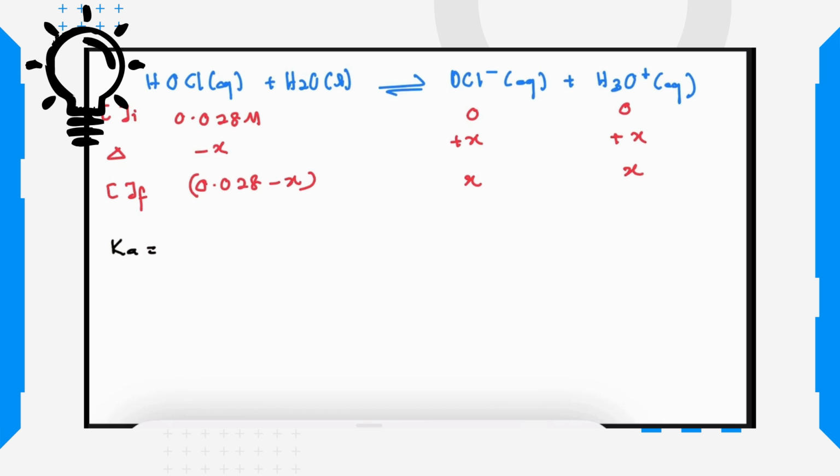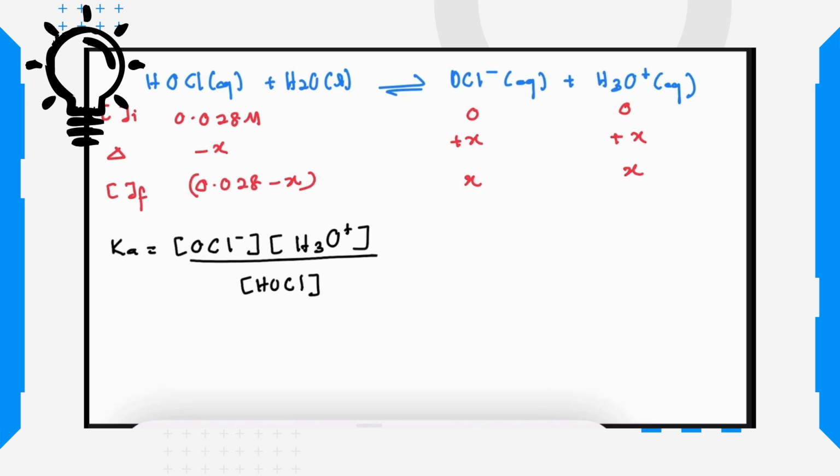The Ka expression is the concentration of OCl minus times the concentration of H3O plus, over the concentration of HOCl. Now we cannot solve this problem because we do not know the value of X.